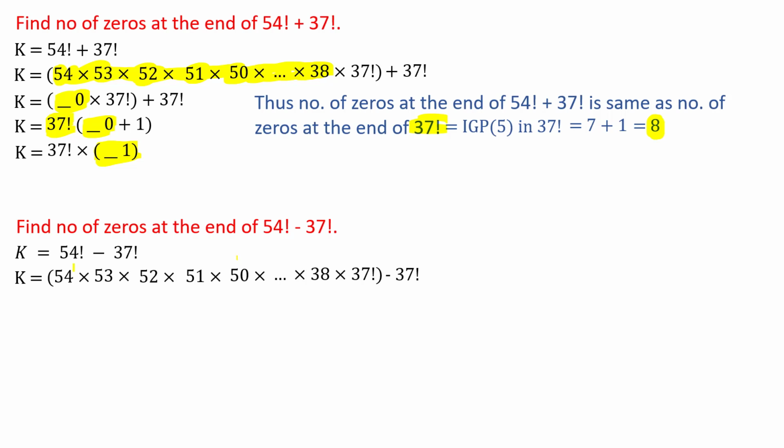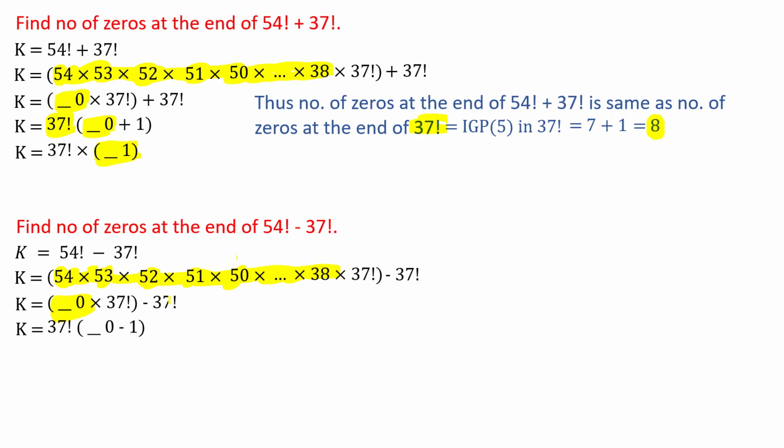Now in this bracket, the multiplication 54 into 53 into 52 into 51 into 50 and so on till 38 is going to end with 0. So the value of K becomes the number ending with 0 into 37 factorial minus 37 factorial. Now let's take 37 factorial common.